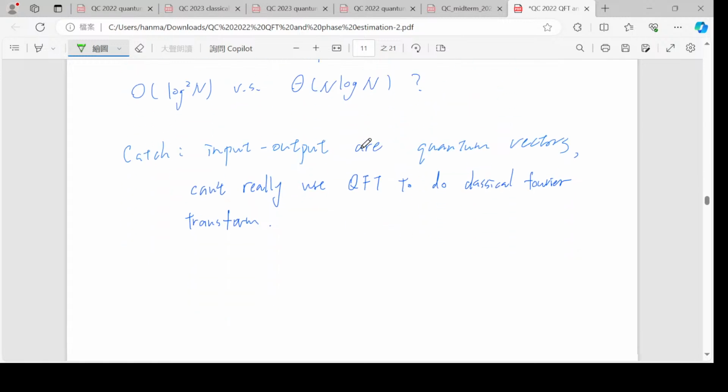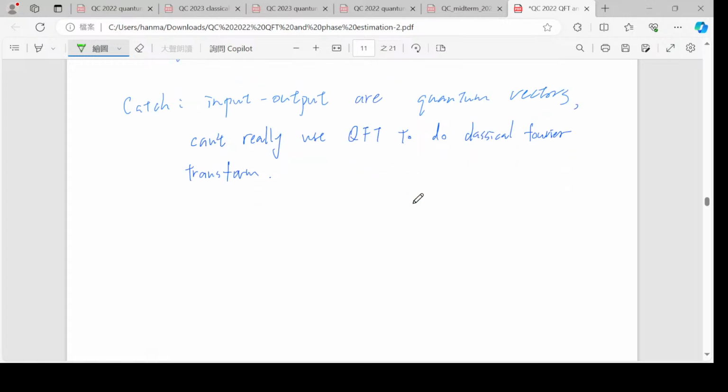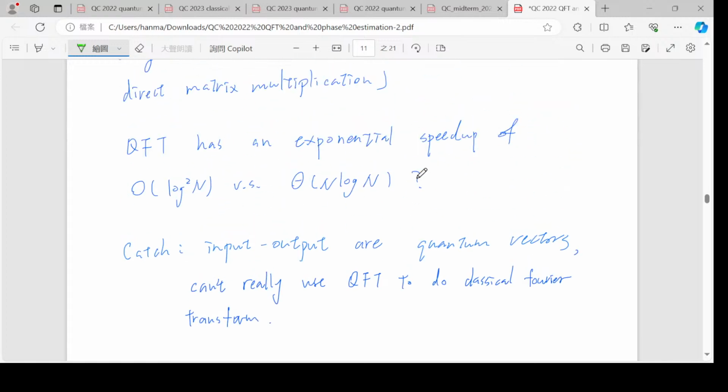But here is a little catch. Remember the input and output are quantum states. So you cannot really use the quantum Fourier transform to do the classical Fourier transform. Say you have some classical data you want to Fourier transform, and now we have the quantum Fourier transform algorithm.